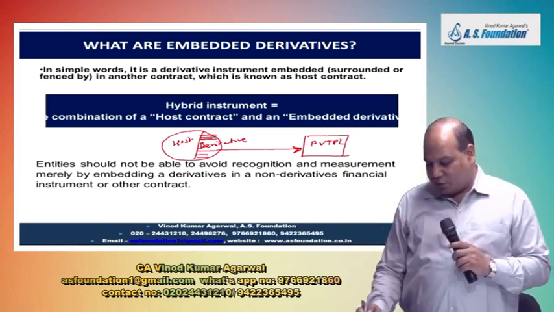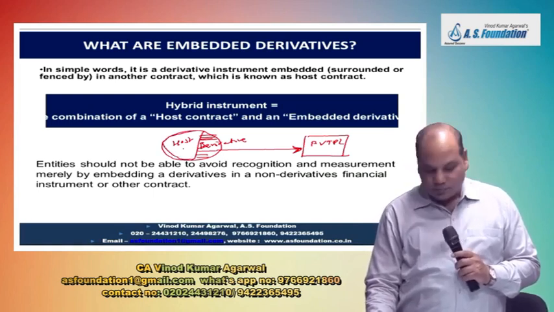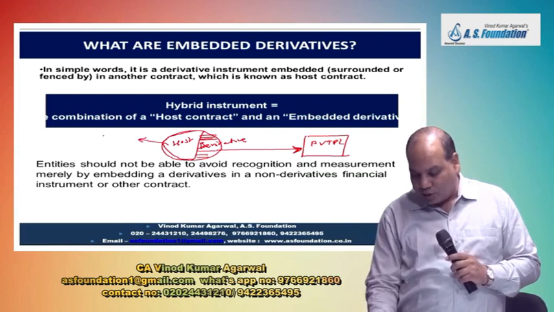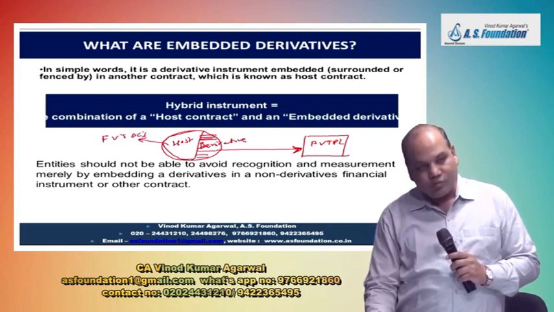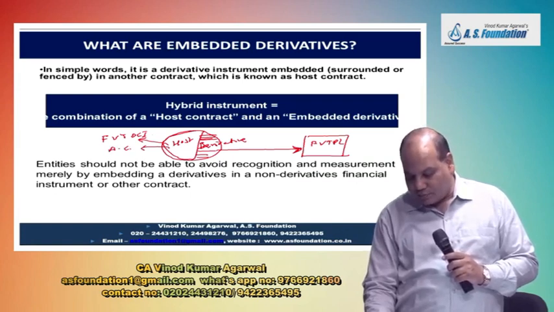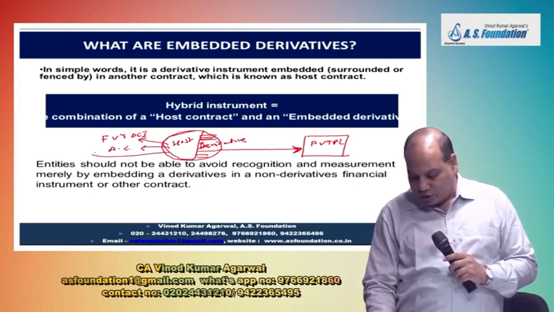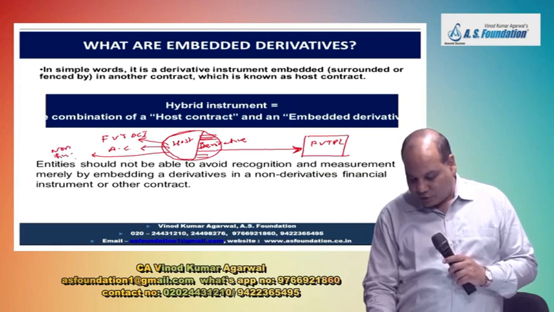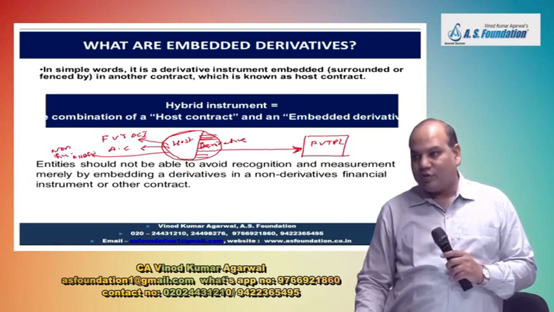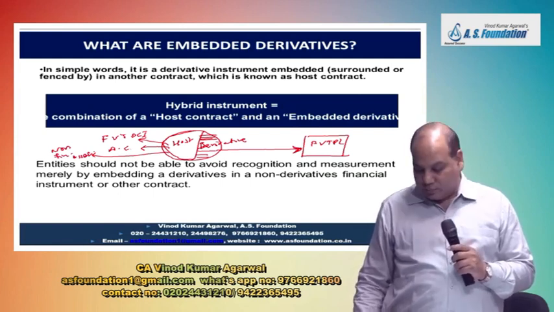FVTPL category. Whereas this host instrument may be something else. The host instrument may be an instrument which is FVT OCI category. The host instrument can be an instrument which is measured at amortized cost category, or it can be a non-financial asset also, or the host contract can be a non-financial asset also.